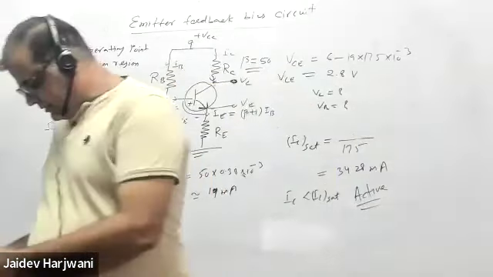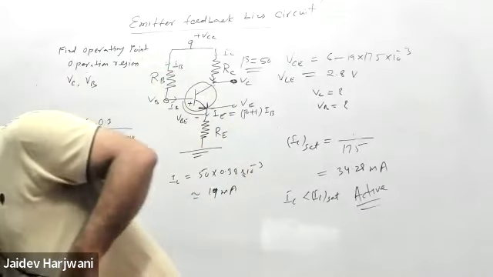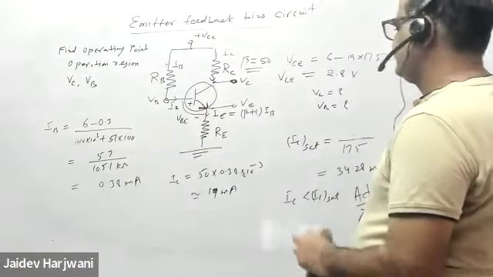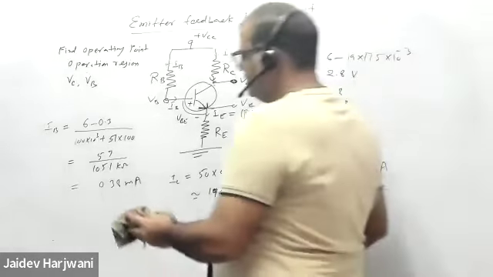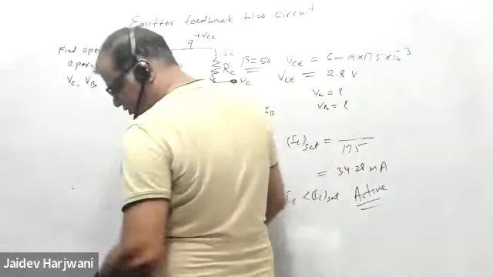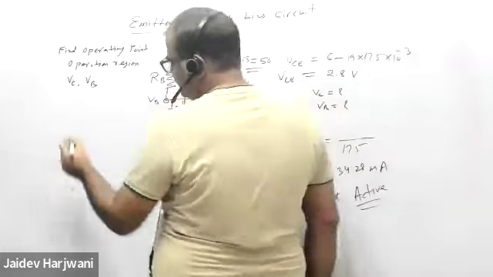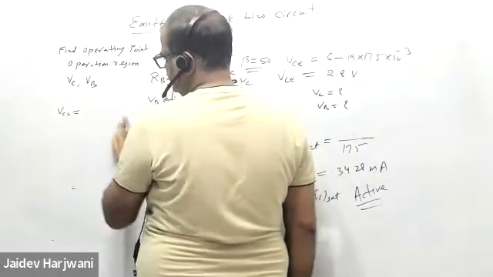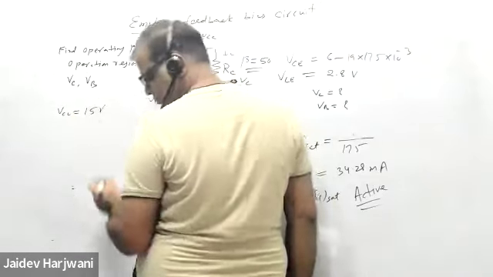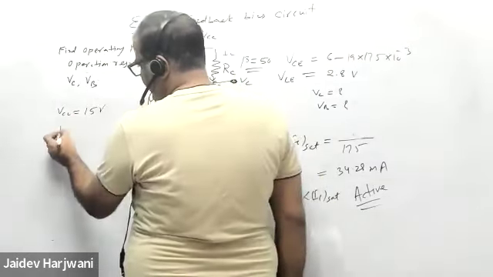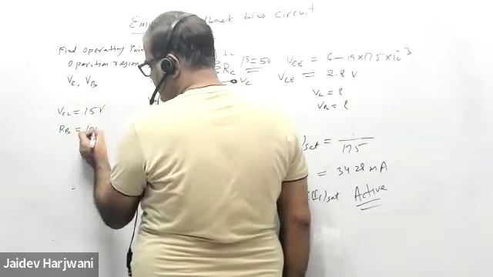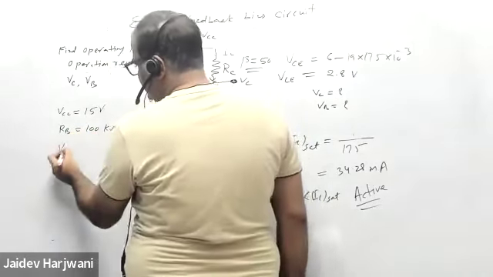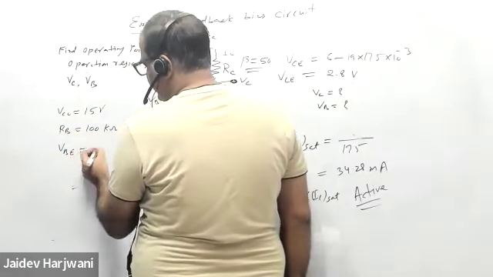Let me do one more problem. Same circuit. Same questions, same quantities you have to calculate. Your VCC is now 15 volt. RB is your 100 kilo ohm. VBE is your 0.7 volt.